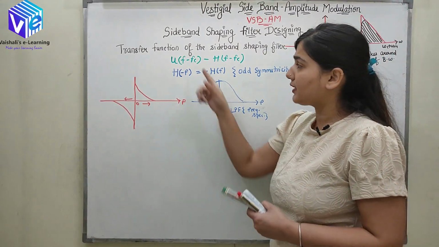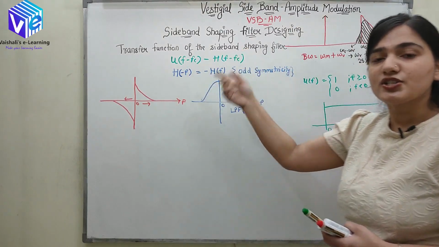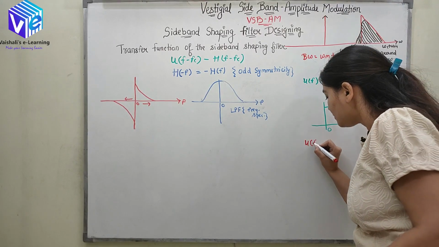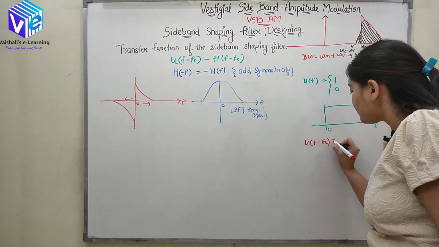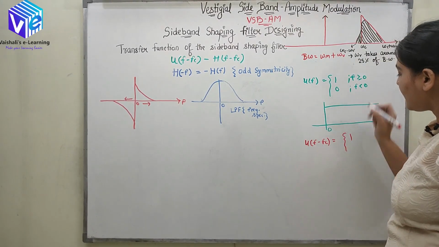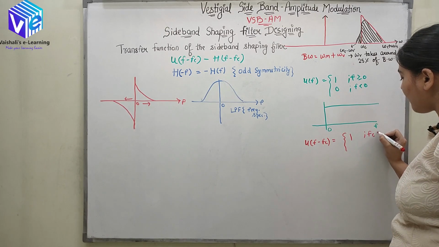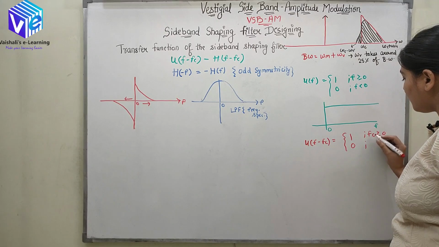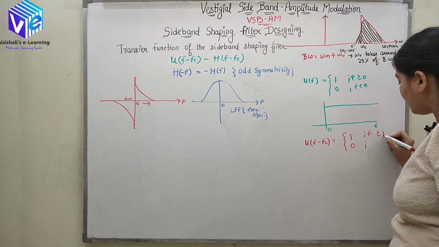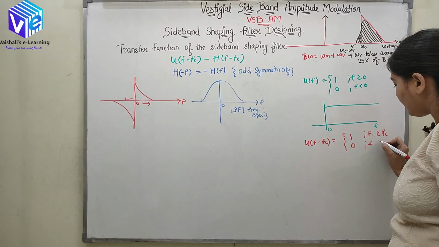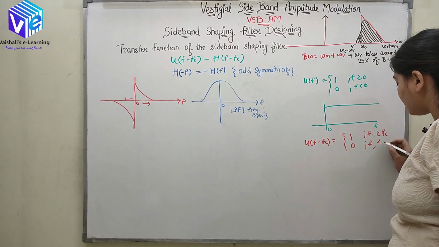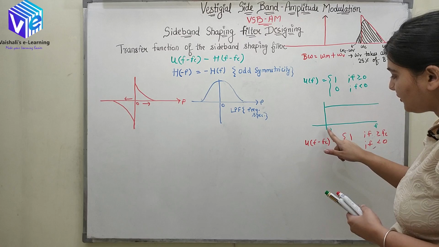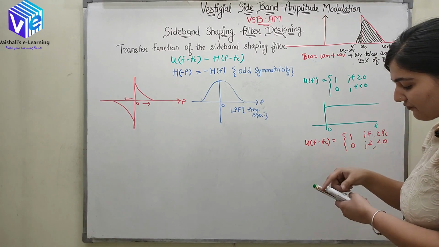So now what I am doing here, I am just shifting the frequency. So u of f minus fc would be 1 now at the shifted frequency for f greater than or equal to fc, and it is 0 for f less than fc. So at fc I have this point. So now this point is shifted to the fc point.